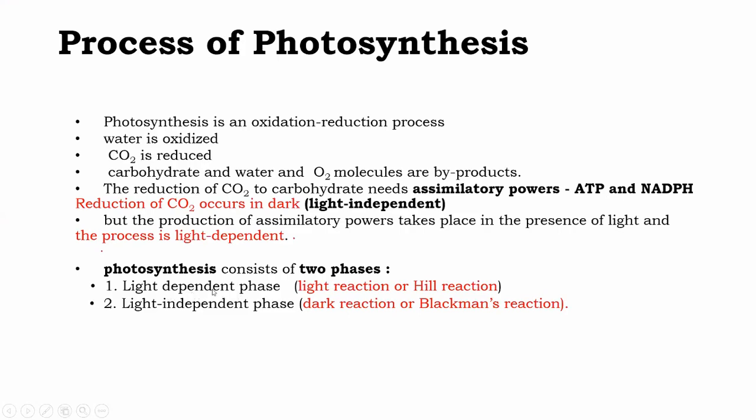The light dependent phase is the light reaction or Hill reaction. The light independent phase is the dark reaction or Blackman reaction. So we want to study all these reactions one by one.